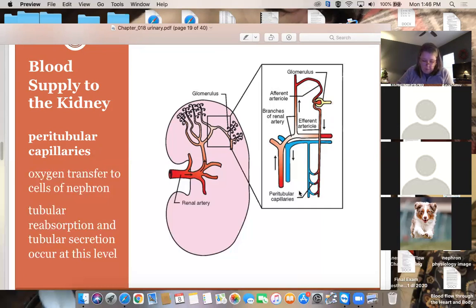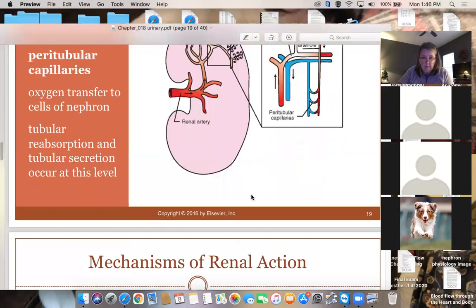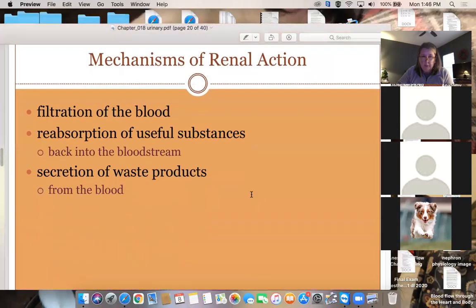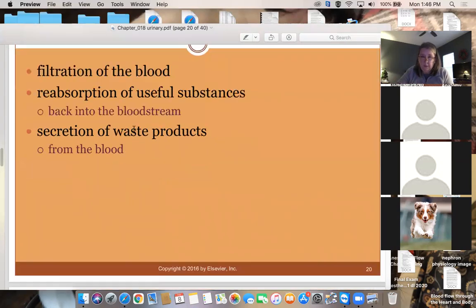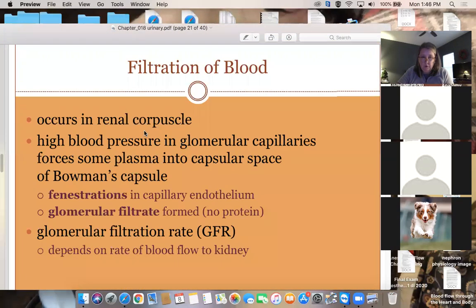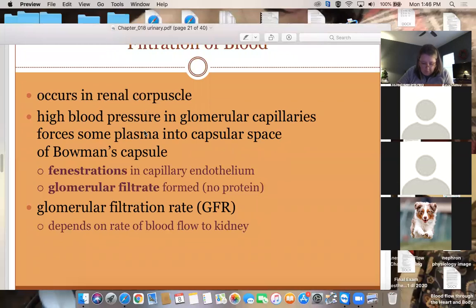Be able to explain what the GFR is and where primary absorption occurs and where primary secretion occurs. So I kind of explained this, but blood goes to the kidneys, blood is filtered, things that are useful are reabsorbed, things that are wastes are secreted. But let me talk about the filtration. You remember GFR stands for glomerular filtration rate.